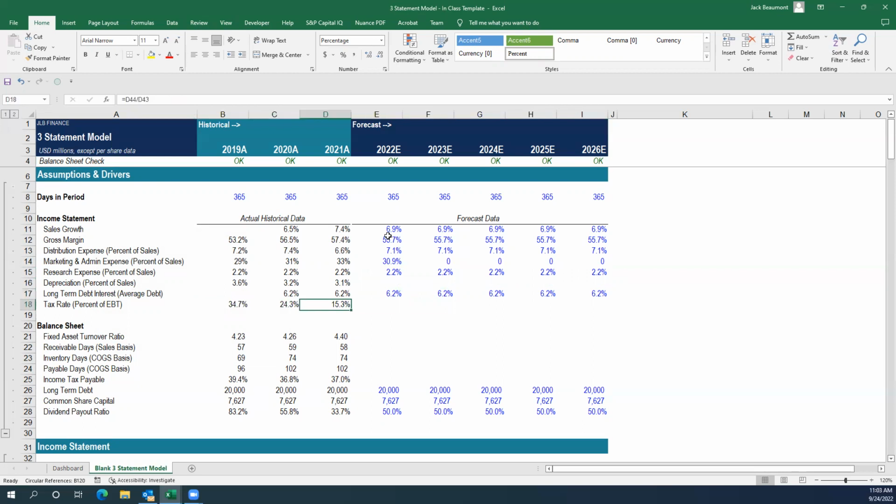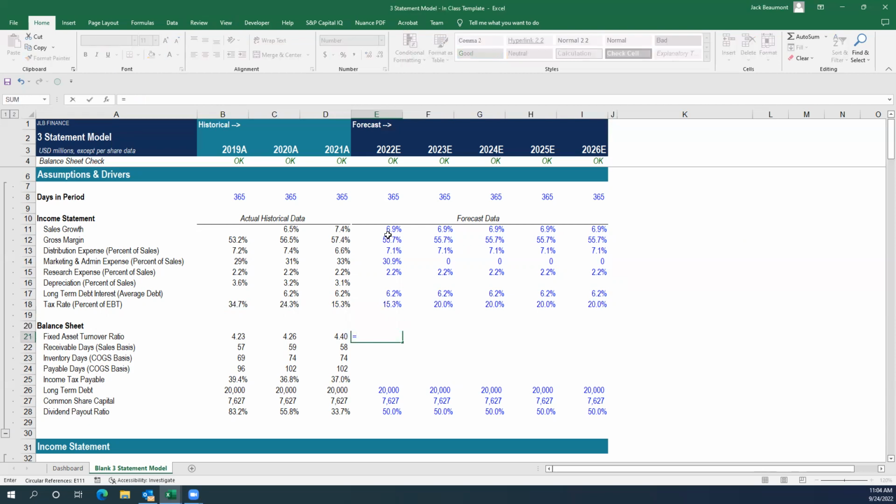So we have that, and the tax rate, so here we can see it's 34, 24, 15. So if I take the average, it might not really be very accurate. So what I'm actually going to do is say 2022 is probably going to be similar to 2021. Okay, and then for the remainder, let's make it like 20%. Because that's probably somewhere around the middle, and we can go with that.